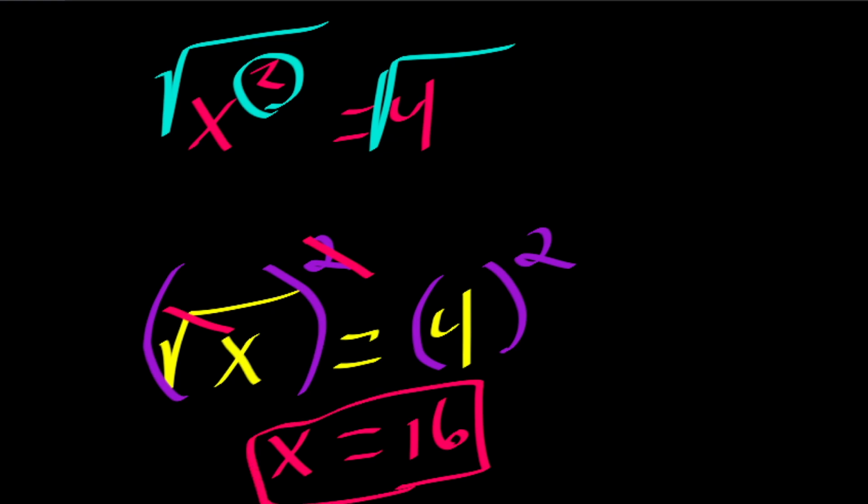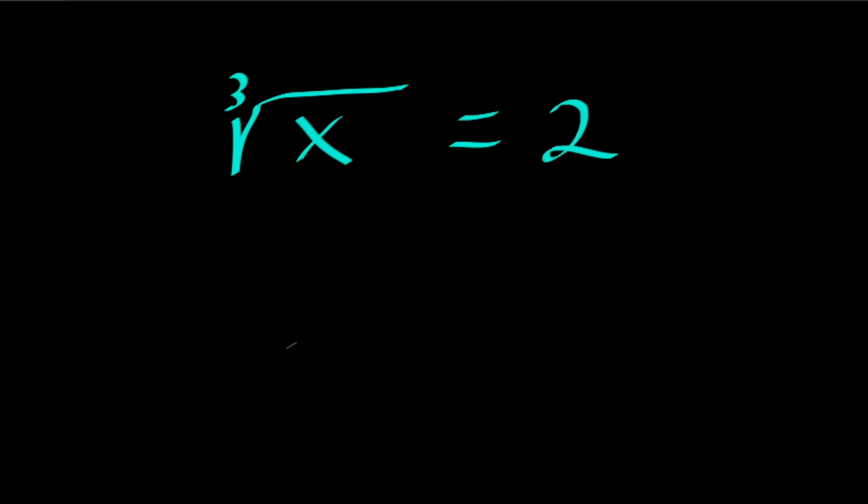All right, let me show you what I mean by the power of the index, because that can be a little confusing. Let's switch this to a cube root, because it'll make it clear. Cube root of x equals, let's just say, 2. If I want to know what the cube root of x is in order to give me 2, I could go through a process to try to figure it out mentally, but eventually you can't do that.